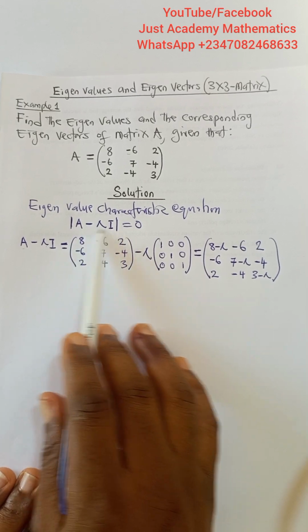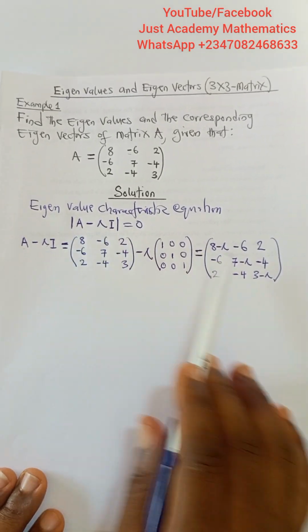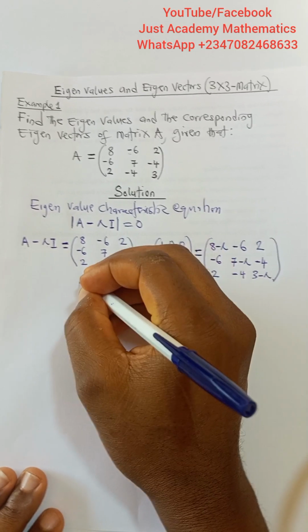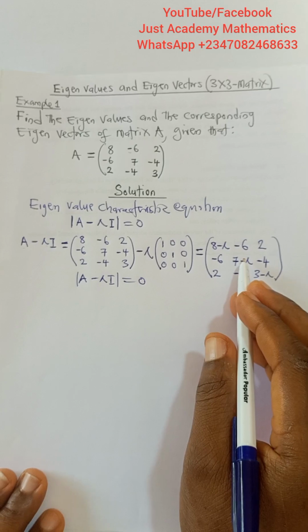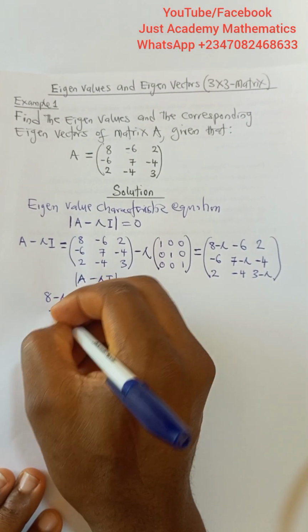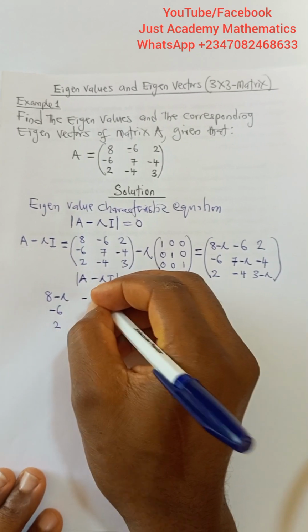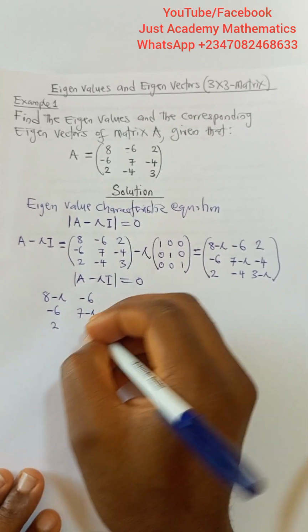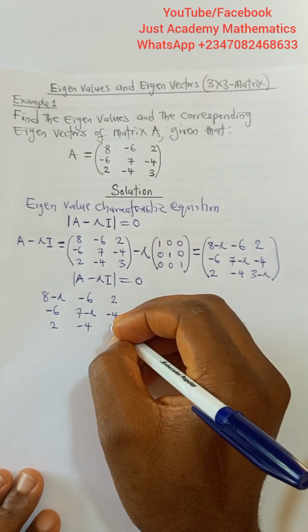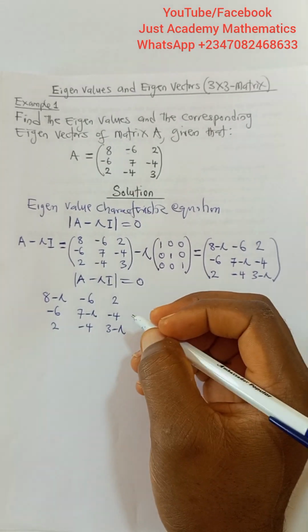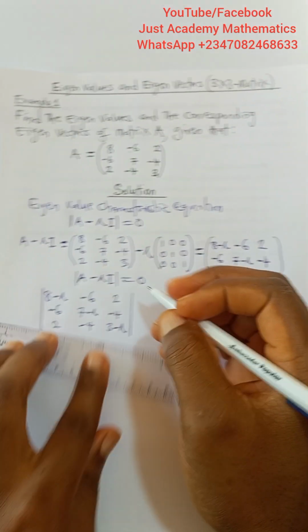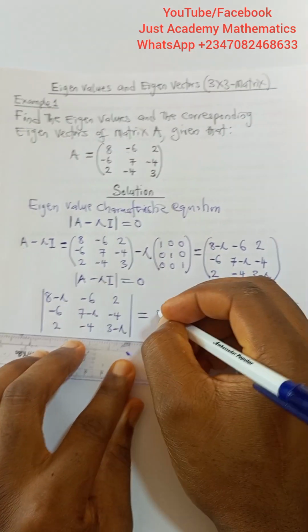Therefore, the determinant of A minus lambda times I equals 0 simply means the determinant of 8 minus lambda, minus 6, 2, minus 6, 7 minus lambda, minus 4, 2, minus 4, 3 minus lambda is equal to 0.